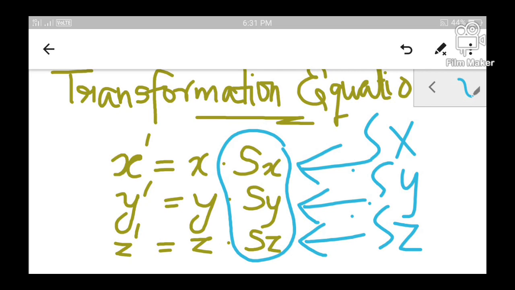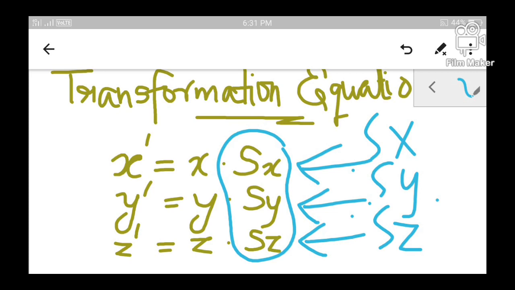If all three scaling parameters are equal, that is sx equal to sy equal to sz, that means equal scaling parameters are multiplied to x, y and z. Then definitely an equal increase in height, width and breadth will occur. And what will happen if sx, sy and sz are all different in their values?